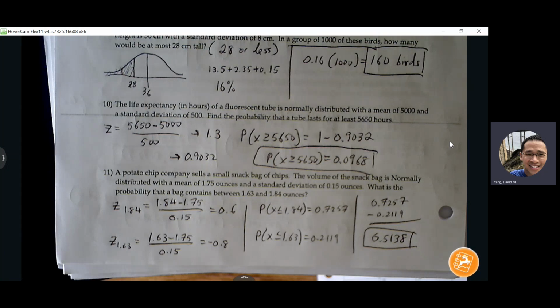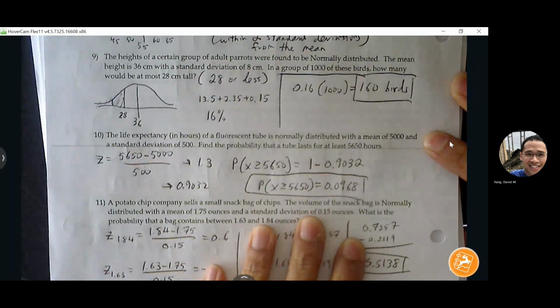So make sure that you get the probability first before you subtract them. Okay, any questions? 9 through 11.